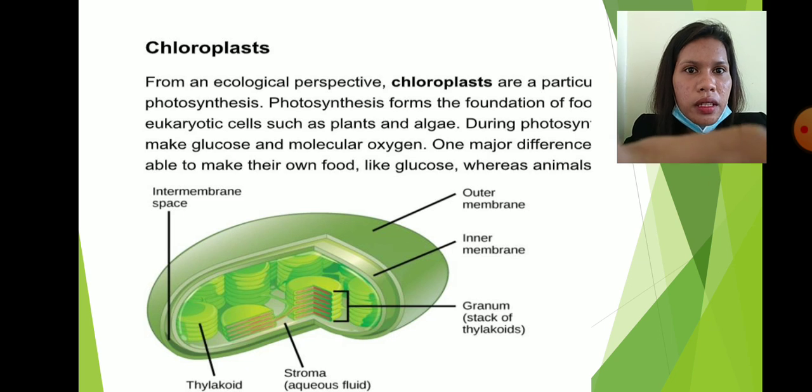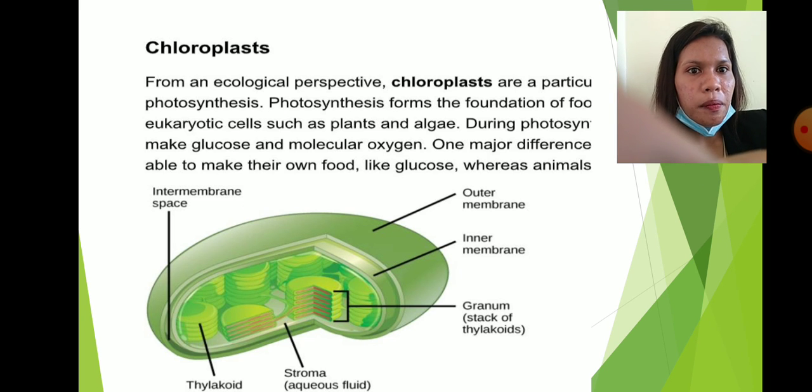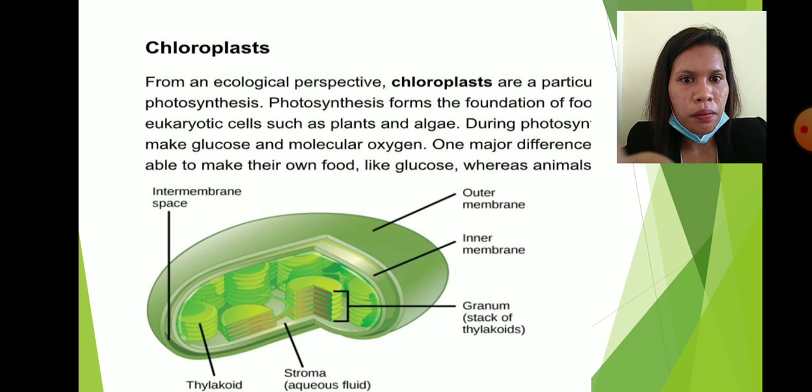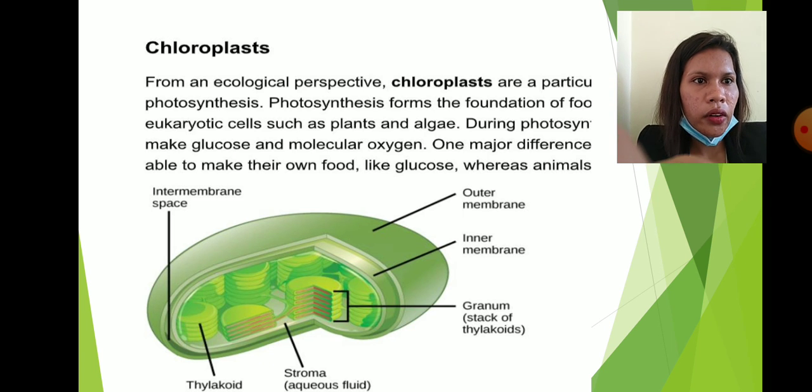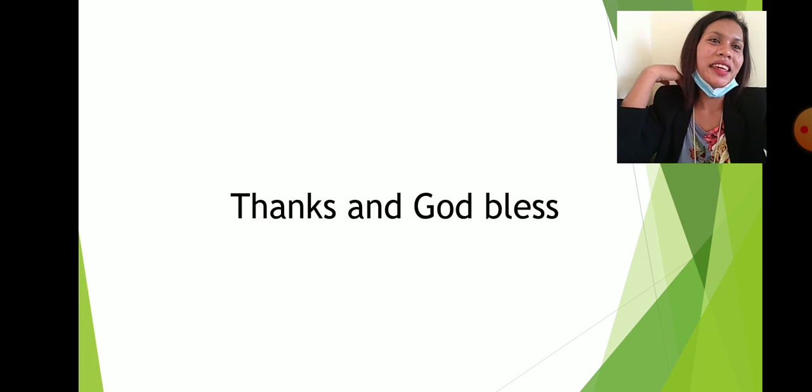One major difference, able to make their own food, yes, like glucose, whereas animals need to eat. Okay, yan yung mga structure. May stroma siya, intermembrane, inner membrane. So, if may outer membrane siya, meron din siyang inner membrane. Thylakoid. Okay, so that's all guys, and thank you for cooperation. Thank you. God bless.